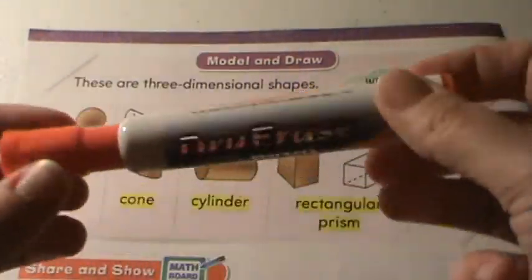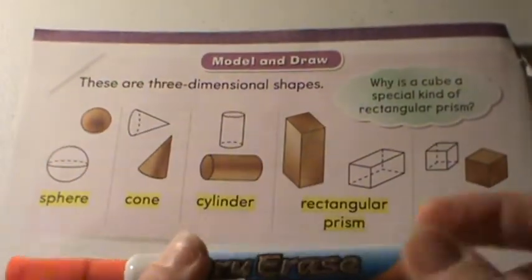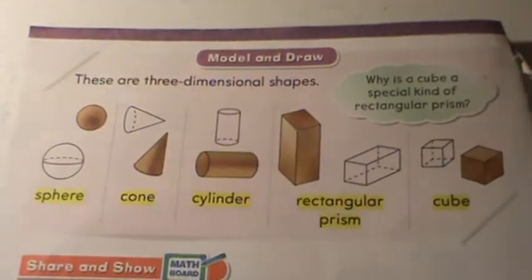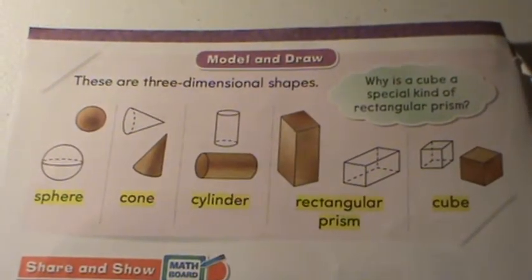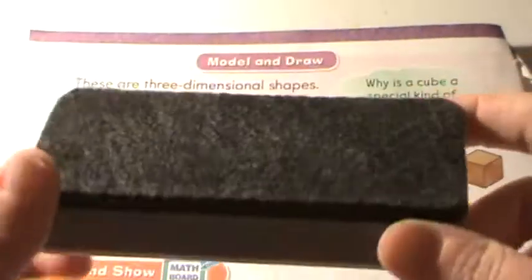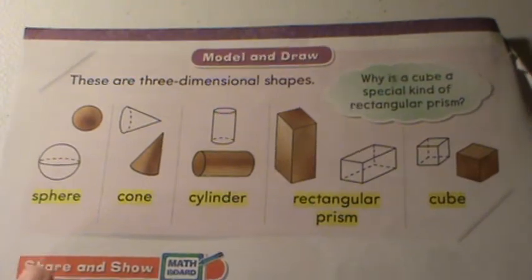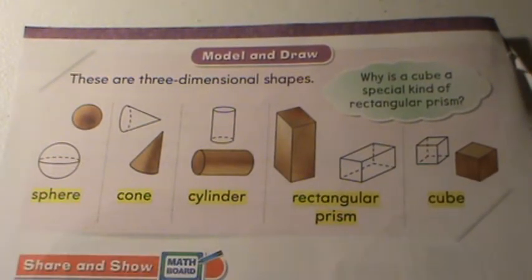This marker would kind of be like a cylinder because it is a long, round object. My eraser here is a rectangular prism. So look for those things around your house and see if you can make a list or send me pictures of some of the different examples you've found in your home.